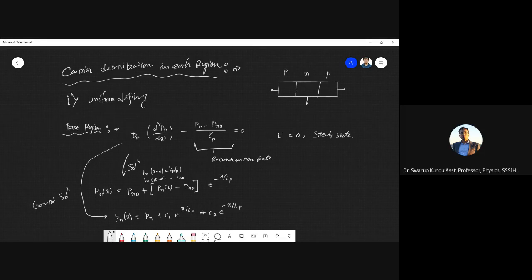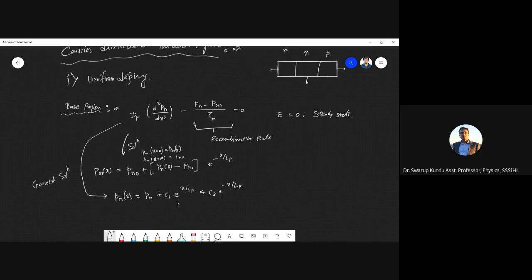This is the most general solution, and if you use the boundary conditions like we used in the last section, then we get the particular solution. This last equation is the most general solution for this continuity equation. C1 and C2 are constants which, if you compare with our last solution, depend on the boundary conditions.